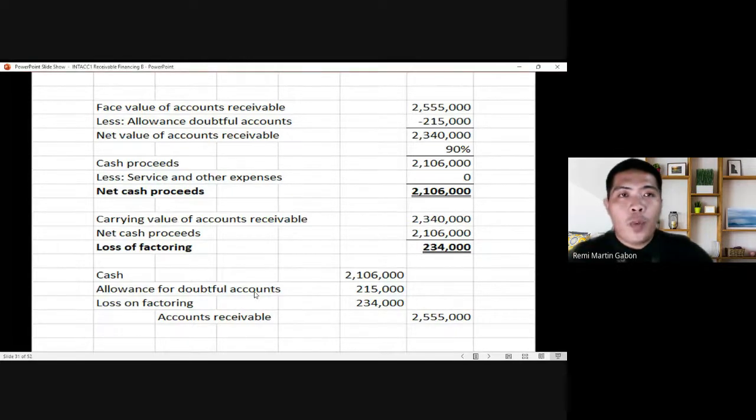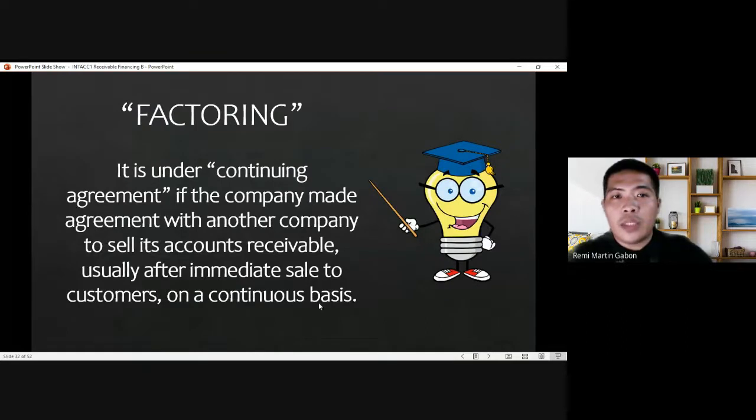What about factoring under continuing agreement? Factoring is under a continuing agreement if the company has made an agreement with another company, the factor or buyer, to sell its accounts receivable, usually after immediate sale to customers, on a continuous basis.